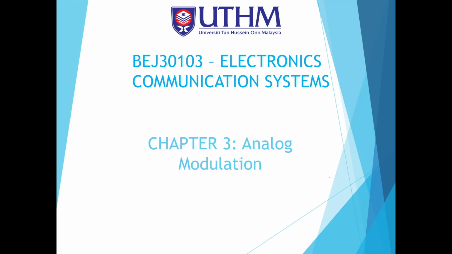So if you remember about analog, I already explained previously in chapter 1. This analog modulation is related to the process that happens in an analog system. So we have an analog system of transmitter, channel, and receiver, for example.